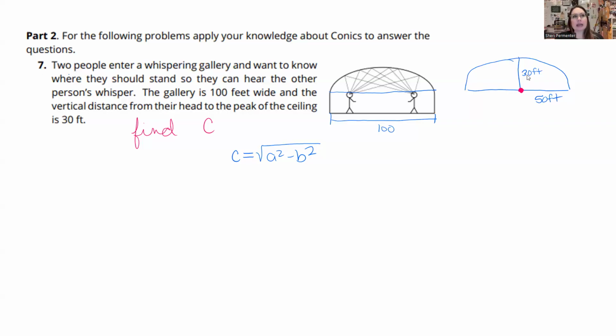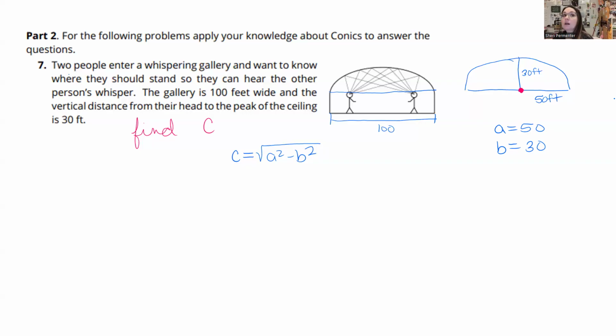Which one of these is A though for an ellipse? Yep, the bigger number. Because C squared is equal to A squared minus B squared. So C is equal to the square root.